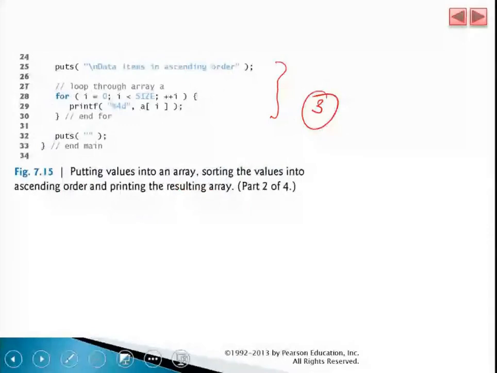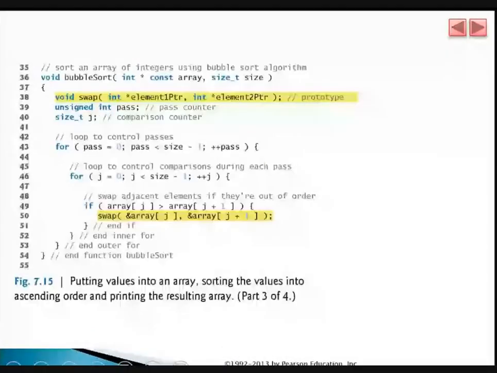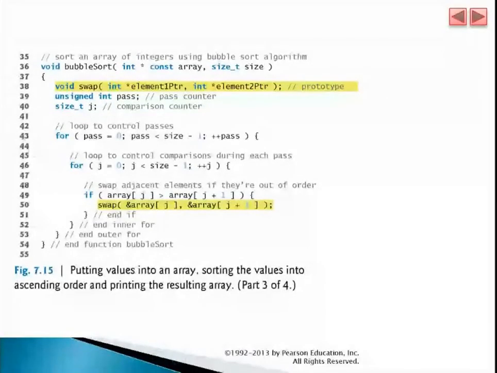So this is the bubble sort function definition. Now inside bubble sort, please note that we make a prototype of another function, which is a swap function. The prototype we will discuss a little later. In this, there are two variables that are required.